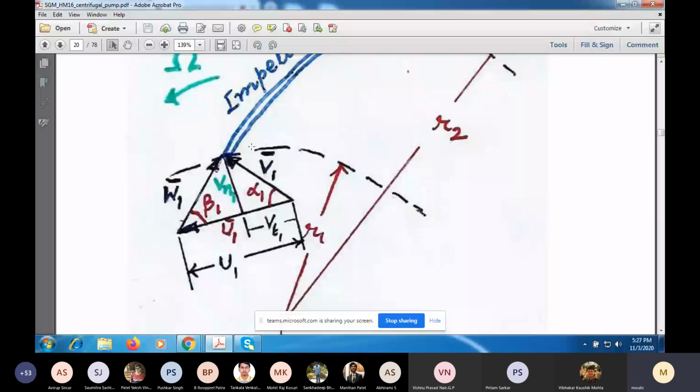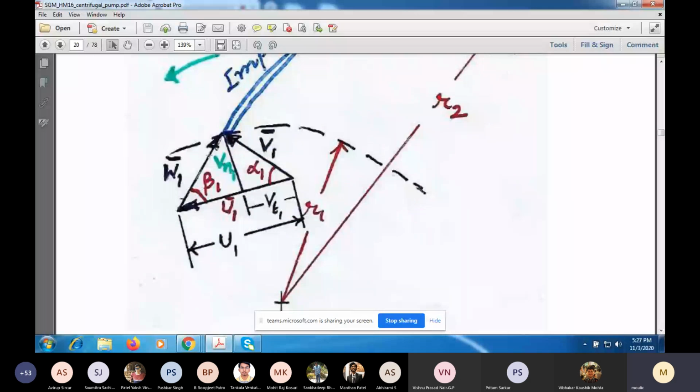So U1 plus W1 will give you V1, the approach velocity. The absolute velocity of the liquid approaching the impeller will be in this direction if the angle here is less than 90. So alpha 1 is the angle between the vectors V1 and U1, and beta 1 is the angle between the vectors W1 and minus U1. But this is only at the design condition.